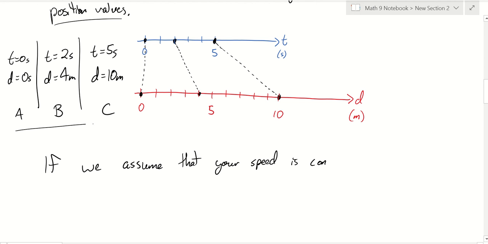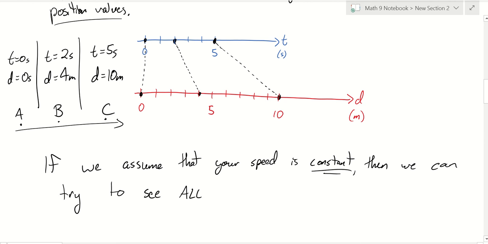You're going the same speed between all of these different points. So if we assume that your speed is constant, unchanging in between these values, then we can try to chart all of the correspondences.